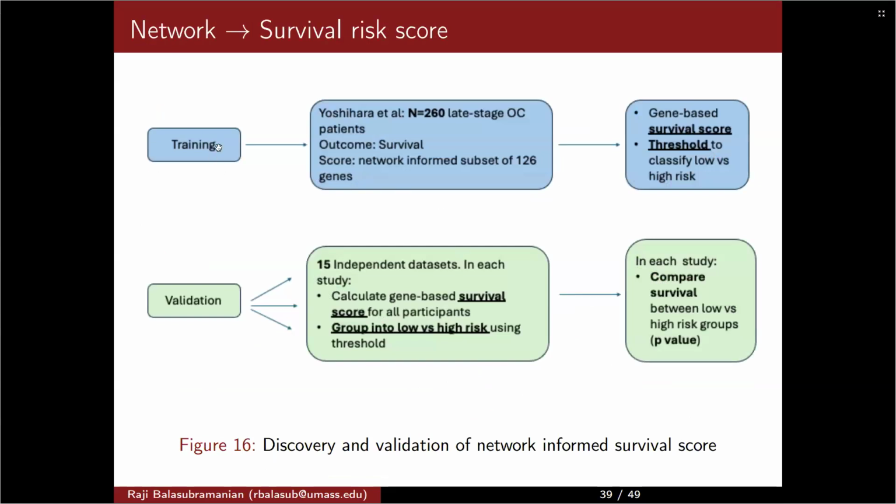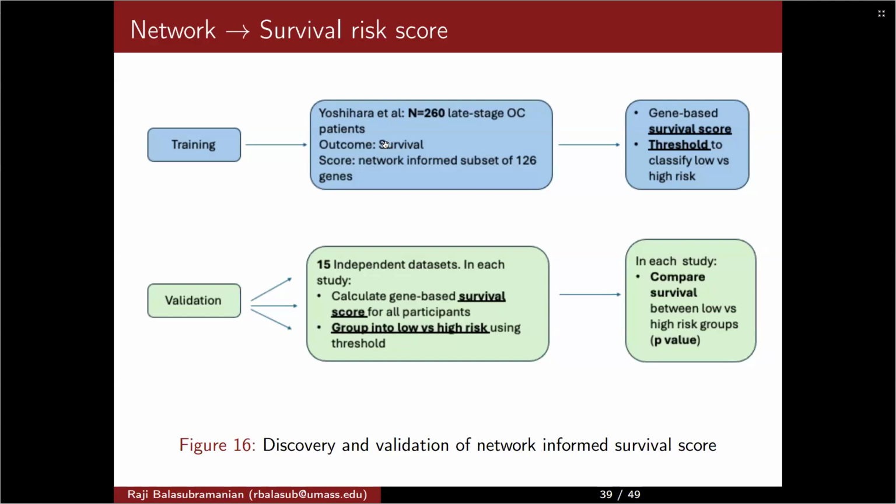So what we did in the training phase is we picked one of our 16 data sets. This is a data set that came out of the study by Yoshihara et al. It has 260 late-stage ovarian cancer patients. And the outcome here is survival. They had surgery following chemotherapy, and then they had information on how long each patient survived beyond that.